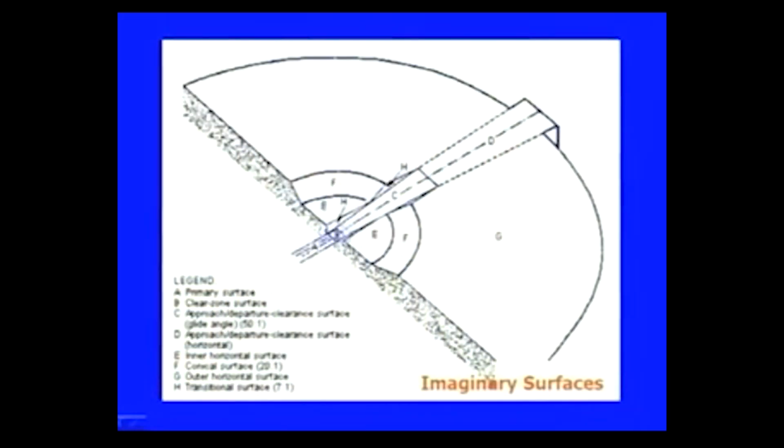So, this is another diagram where we are trying to show the same conditions in composite form. This is the runway strip, this is the clear way, then it is increasing in dimensions like this.